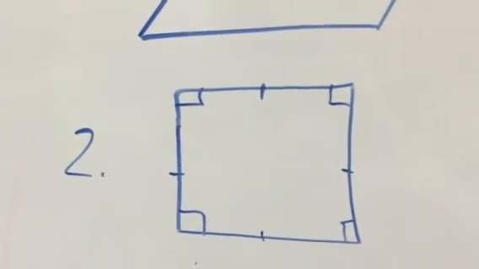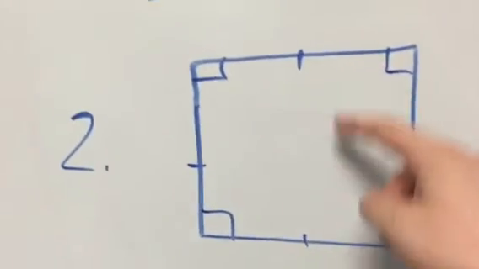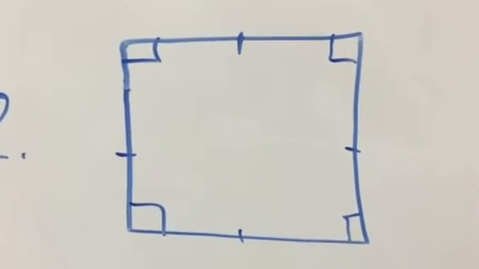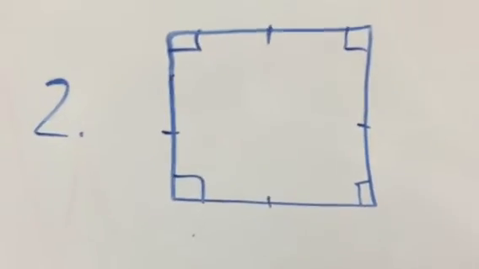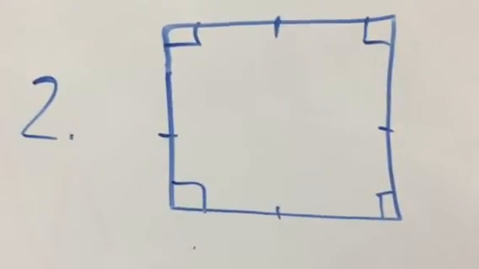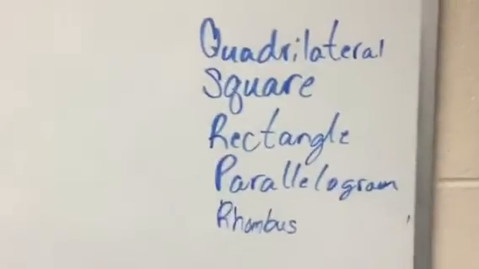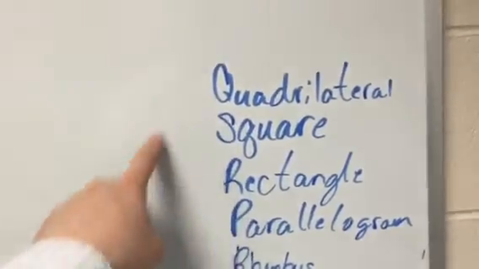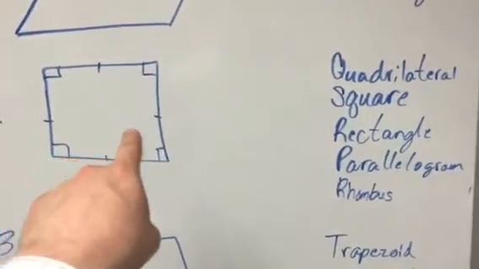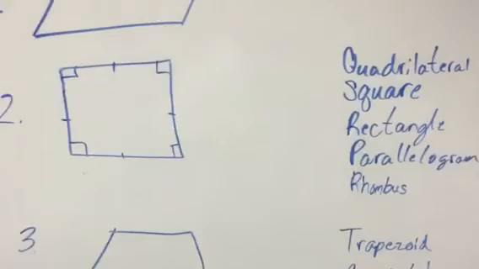So it's a quadrilateral. And it has 2 pairs of parallel lines, so therefore it's a parallelogram. And it has 2 pairs of parallel sides with 4 right angles, so therefore it's a rectangle. And for the same reason, it's also a rhombus. So look at all of these different things that this one picture could be. That square right there could also be a quadrilateral, a rectangle, a parallelogram, and a rhombus.